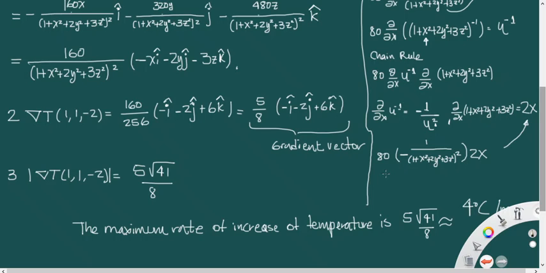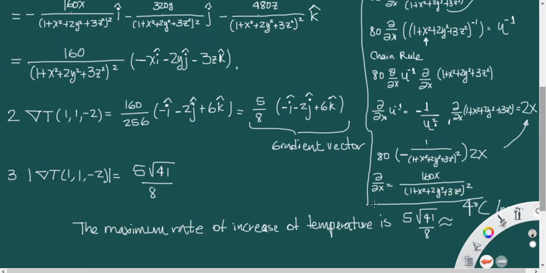So if we simplify this, we will end up with a result that the partial derivative with respect to x is equal to 160x divided by (1 plus x squared plus 2 times y squared plus 3 times z squared) squared.